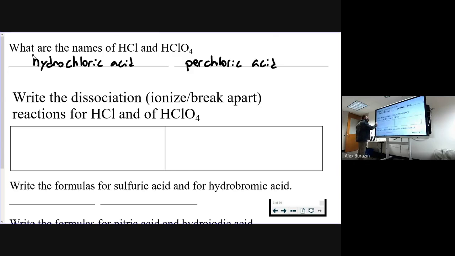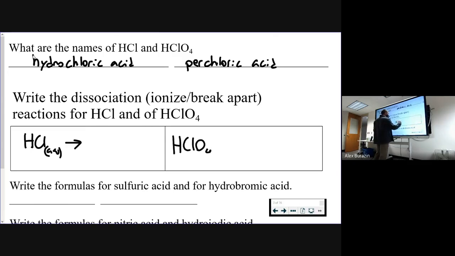Okay? Write the dissociation for HCl and HClO4. What you're going to do is I have HCl aqueous on the reactant side, and on the product side, I'm going to break it apart. I have HClO4 on the reactant side, and on the product side, I'm going to break it apart. Go for it. Shouldn't take you too long. What do you get when you have your strong acids and they break apart?